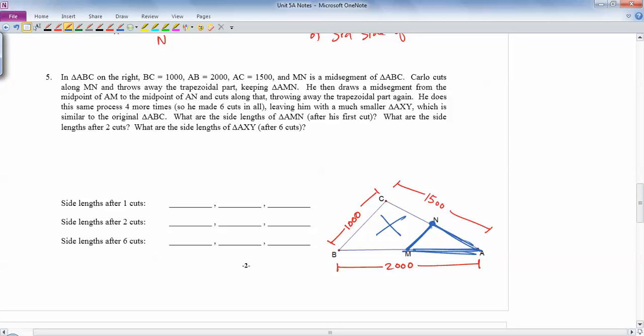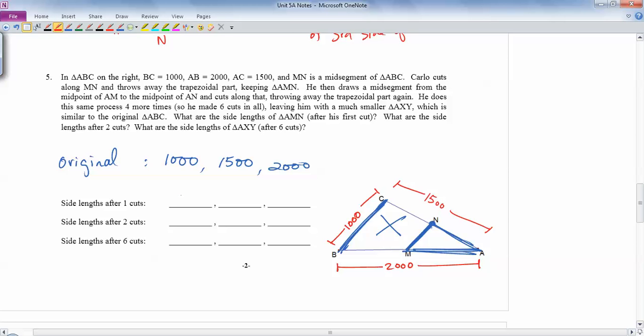Okay, well, if MN's a mid-segment, then it's going to be half of the third side of the triangle, this side. So it would be half of 1,000, right? So let me do this. This is original sides here. So the original sides were 1,000, 1,500, and 2,000. And then what he did was he cut them in half, essentially. The 1,000 got cut in half.